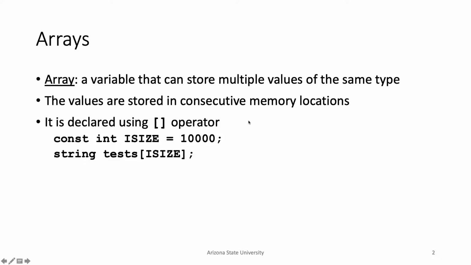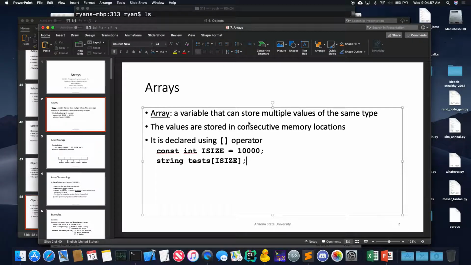Yeah, go ahead. Can't you just forget that first line and put the 10,000 right where it says I size? Yes. So the question is, can I just put the 10,000 right inside the square brackets? Absolutely. I can do that, and it'll work just fine. The reason why we sometimes declare a constant integer to be the size of the array beforehand will become evident really shortly.